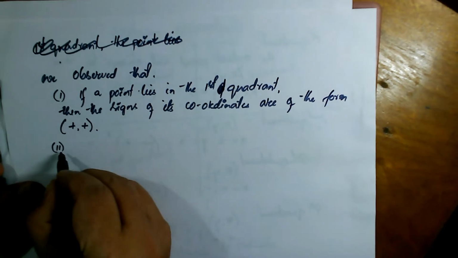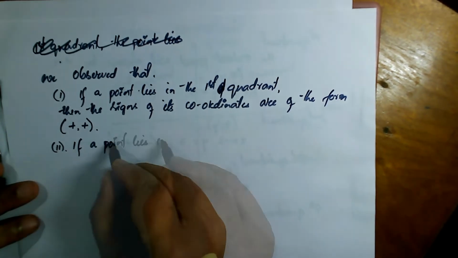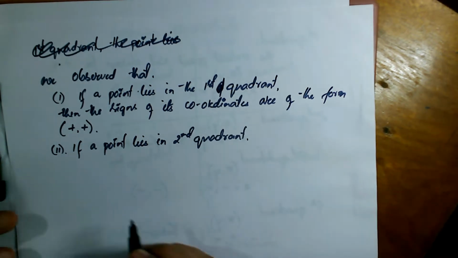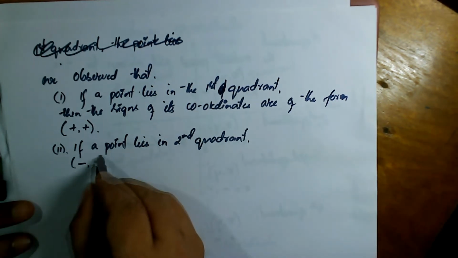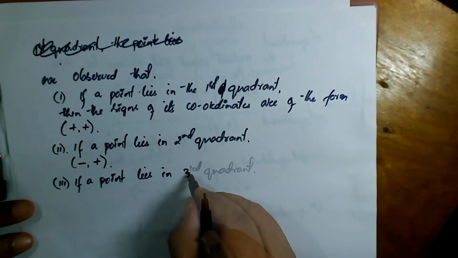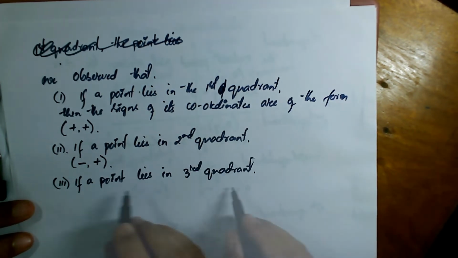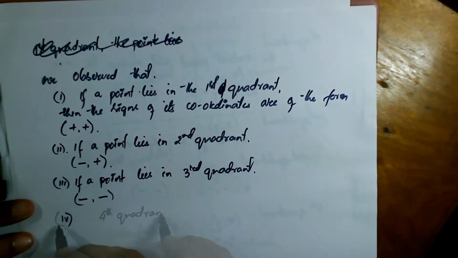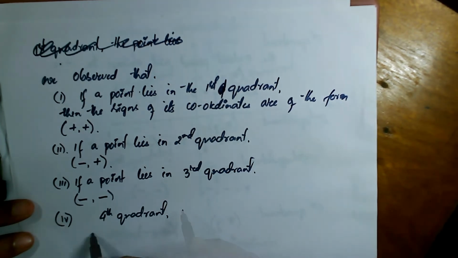Number 2, if a point lies in the second quadrant, the sign is minus and plus. Number 3, if a point lies in the third quadrant, the sign is minus and minus. In the fourth quadrant, the sign is positive, negative.